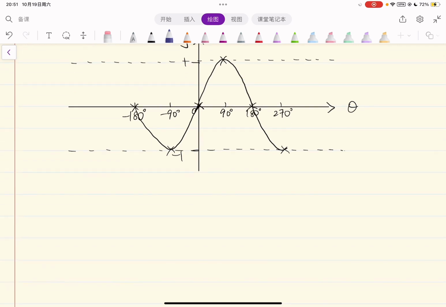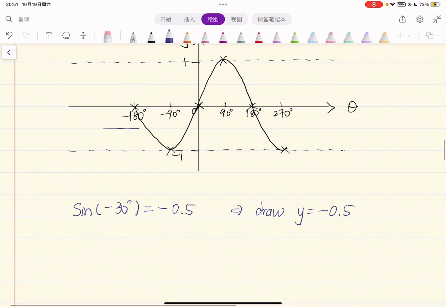We know that sine of negative 30 degrees equals negative 0.5. So we can draw the line y equals negative 0.5. Here is y equals negative 0.5.